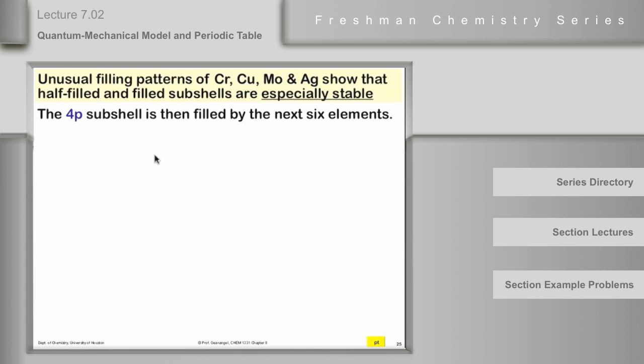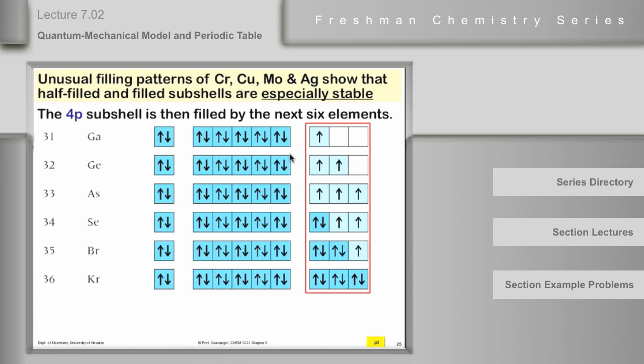The 4p subshell remains to be filled. We did the 4s and the 3d. The 4p is next as we go up, and it is filled in exactly the same way as the 2p and the 3p. Gallium has one 4p electron, germanium has 2, arsenic has 3, all unpaired. Then we start to pair. Selenium has a pair and 2, bromine has 2 pairs and 1, and krypton has 3 pairs.